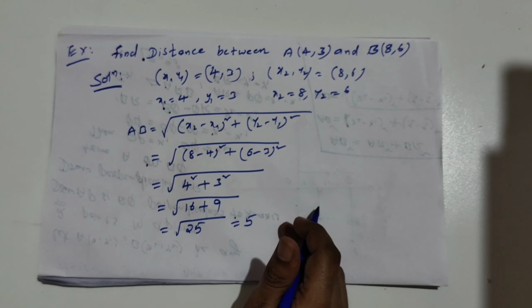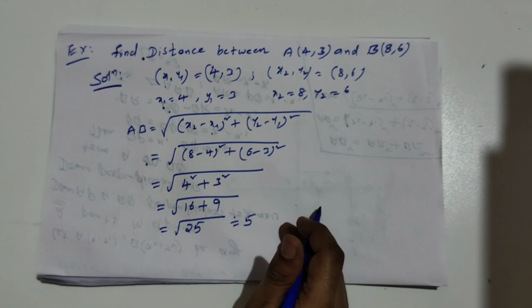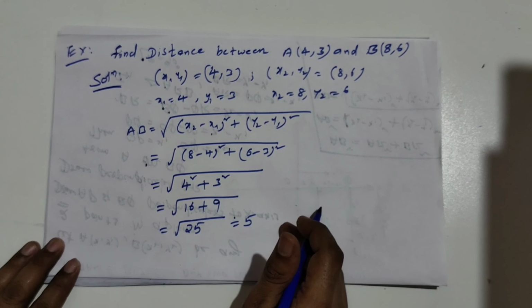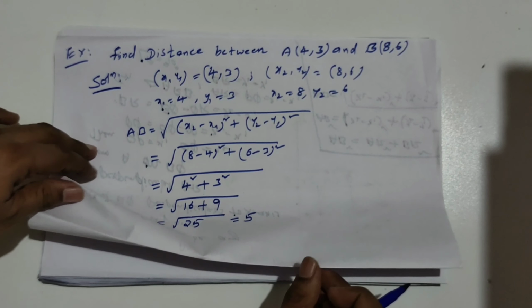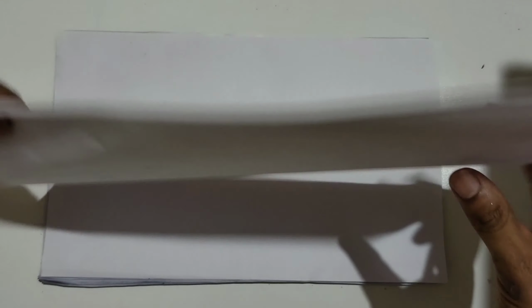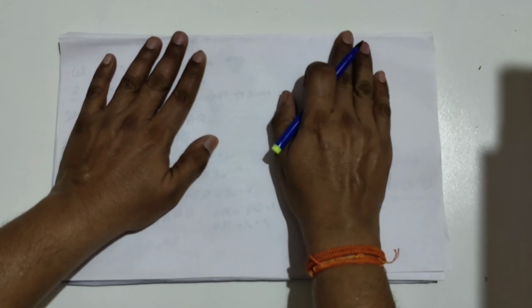So next concept, collinearity. Collinearity means if 2 or 3 points lie on the same line, we can say that the 3 points are collinear. Now on that one we have one sum here.